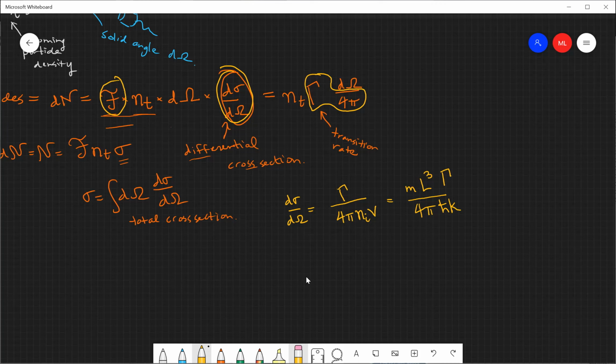So this is a very important formula because you'll be able to use this to calculate differential cross sections using things that you already know. Because, for instance, you can calculate gamma using Fermi's golden rule. This guy. And this is what you'll do on the homework.